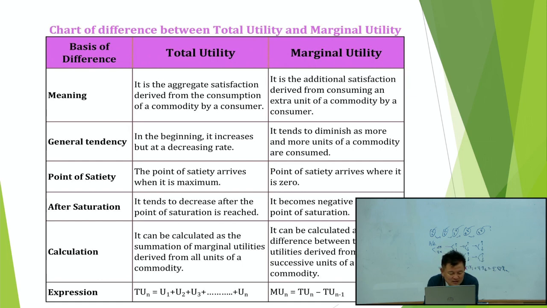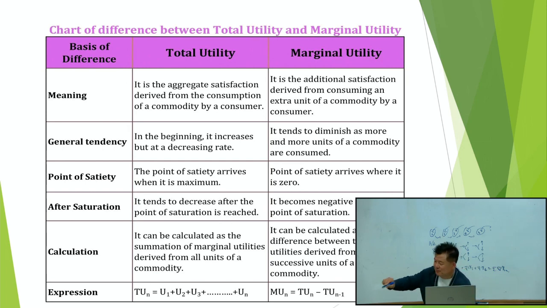So the general tendency of total utility is that in the beginning it increases, but at a decreasing rate. It means it's going up and going down. But the general tendency of marginal utility is to diminish as more and more units of a commodity are consumed.